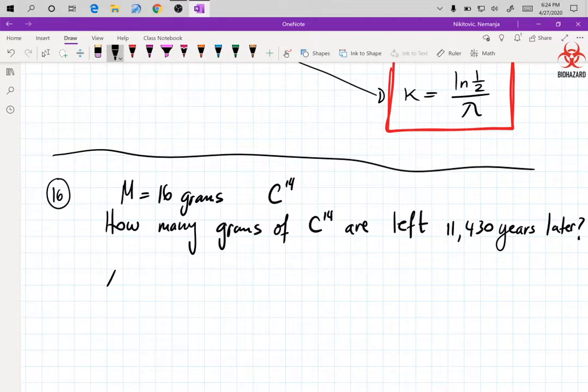And the half-life of C14, I need to find that because they gave us a different piece of information which I didn't like, so I didn't talk about it.